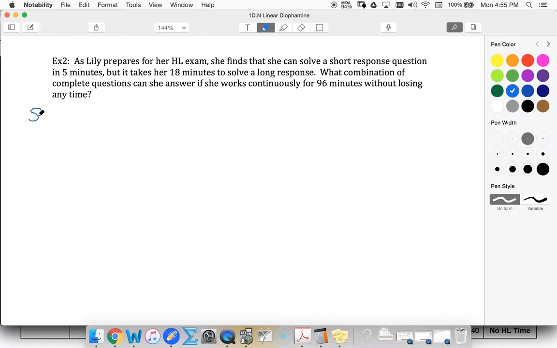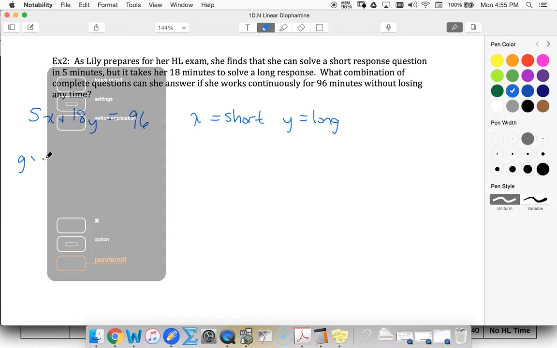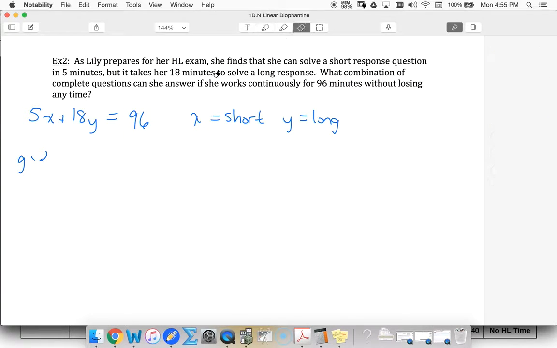So we've got 5x plus 18y is going to equal 96 minutes, with x, of course, being our short questions, and y being our longer questions. First of all, we want to make sure that this problem is going to have a solution.